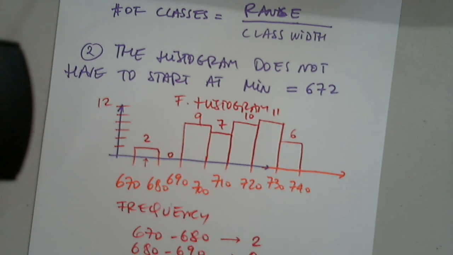As you see, I can't say much about it. I can go back and look at the data set and change the number of classes. So I'll go back to the histogram, and this time everything is the same. I click the same. I will not label it, to save time, but I will change the width. So let's say we want to still start at 670. I still want 670.